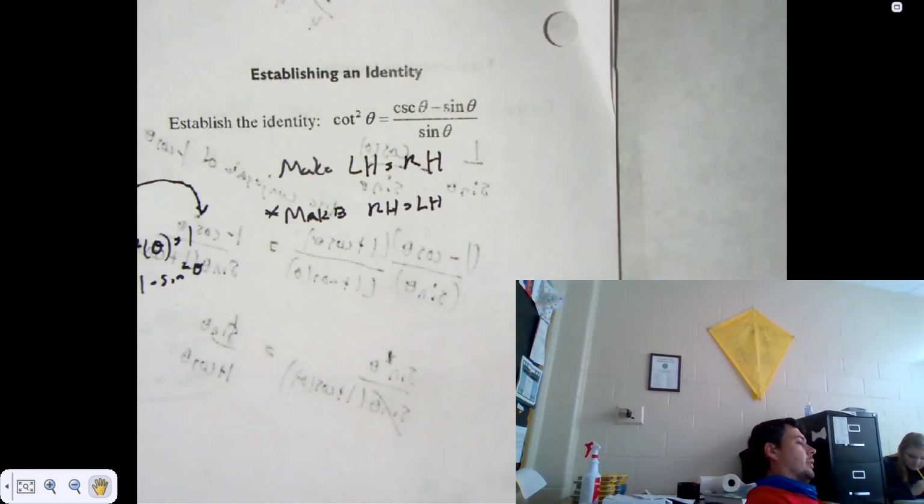How many things in the numerator? And the big deal is how many things in the denominator. Break the fraction apart. See what you can do with it. And maybe do a rewrite. You've got reciprocal identities you can use.